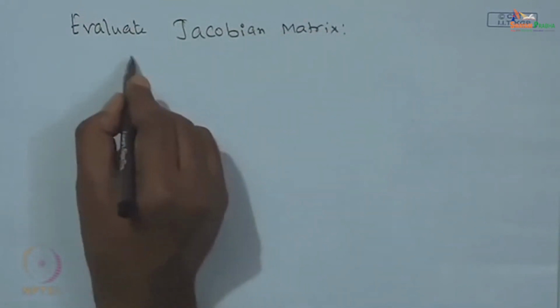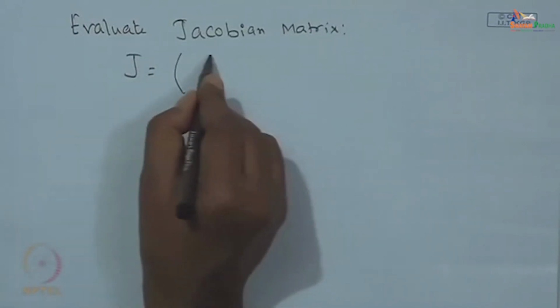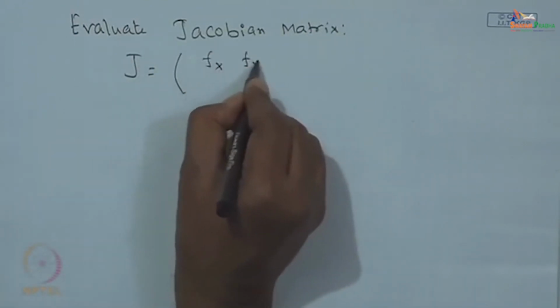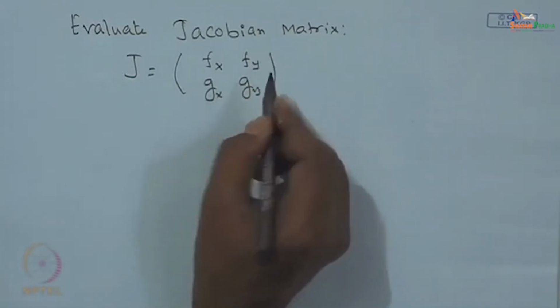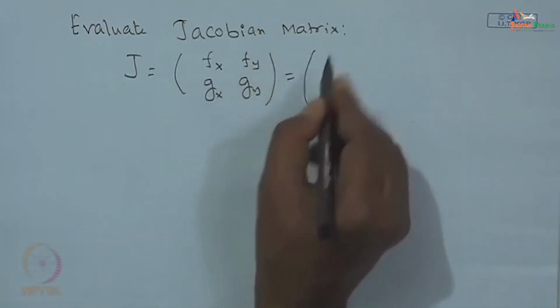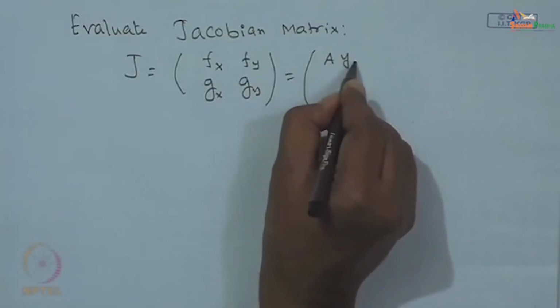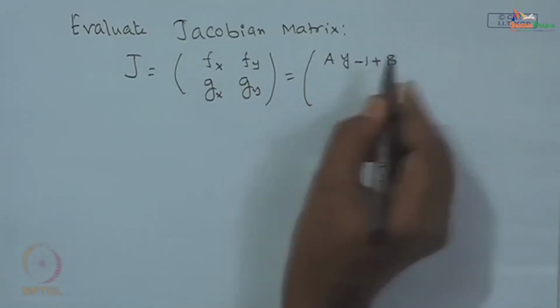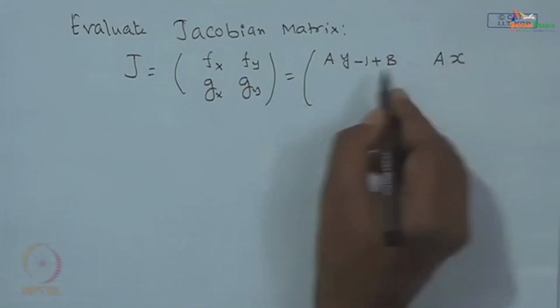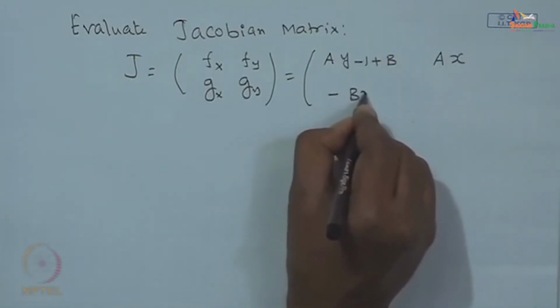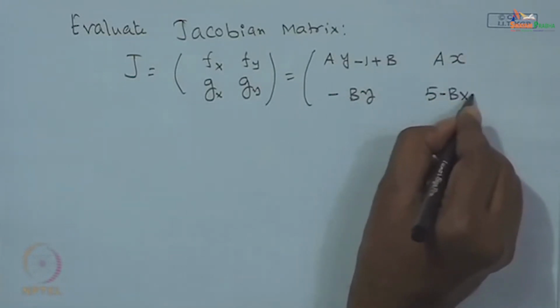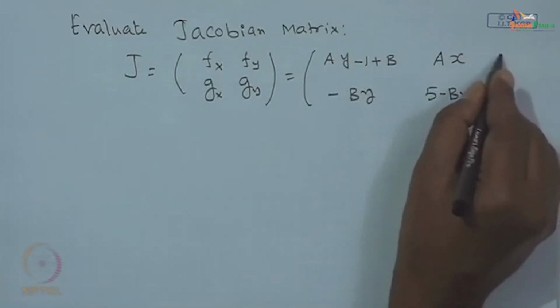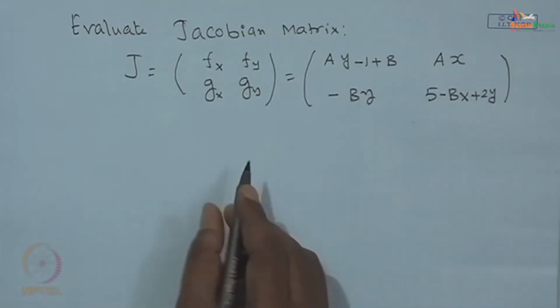If we evaluate the Jacobian matrix, J is nothing but [fx fy; gx gy], and this becomes [ay - 1 + b, ax; -by, 5 - bx + 2y].